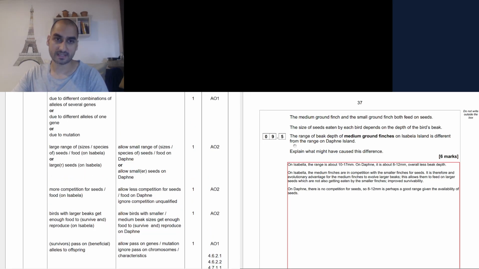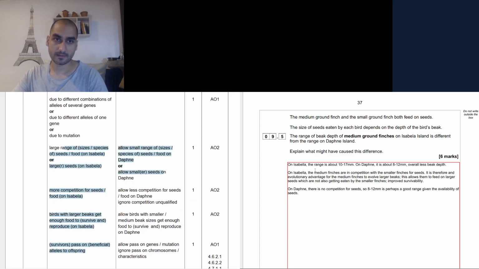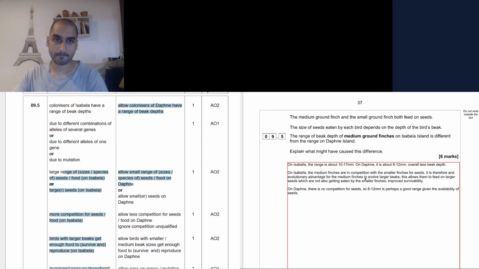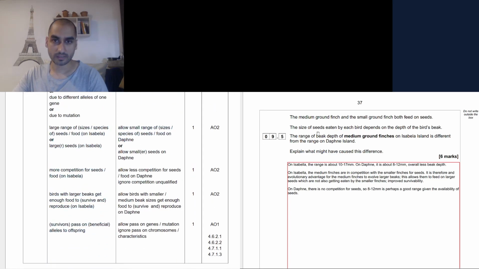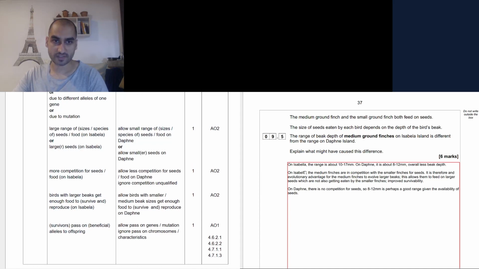Let's see. I did say larger range of seeds. One. More competition for seeds, food, and... Yeah, I said that. Right, I explicitly said that.